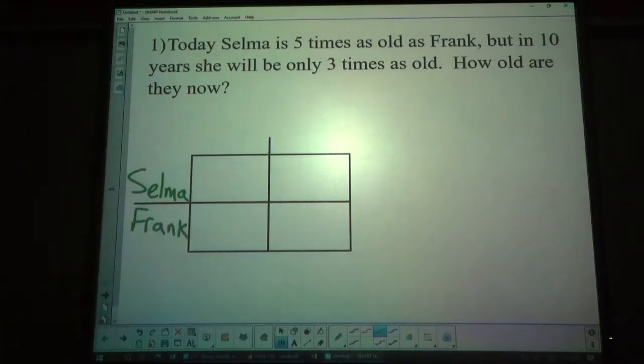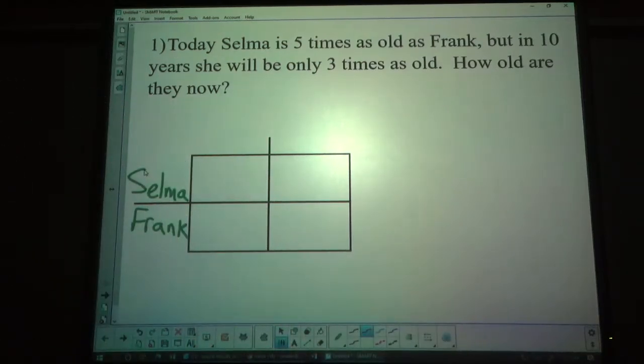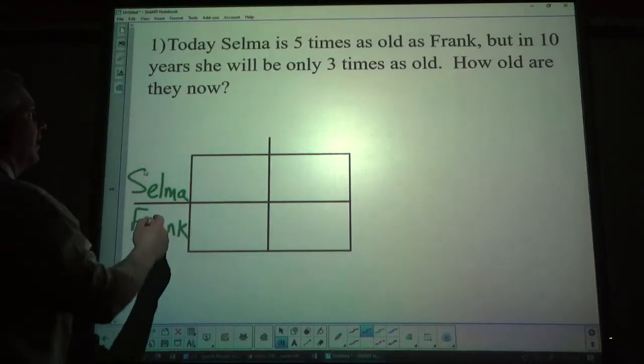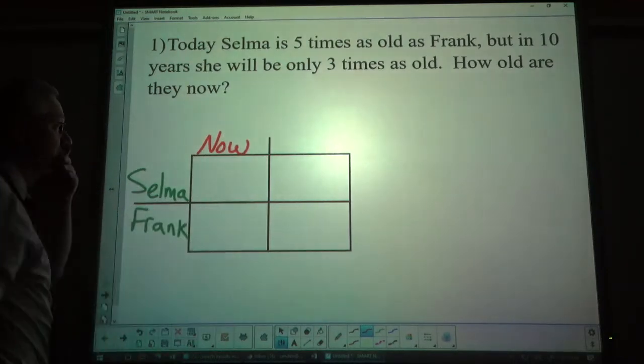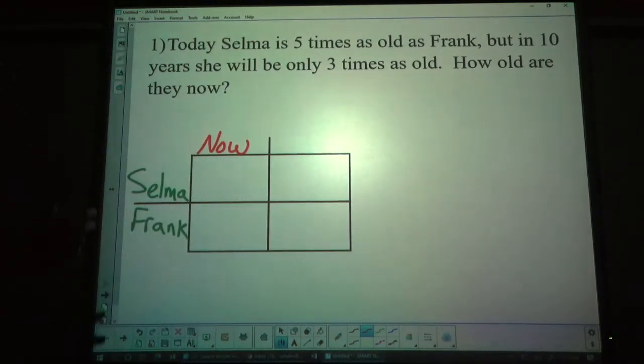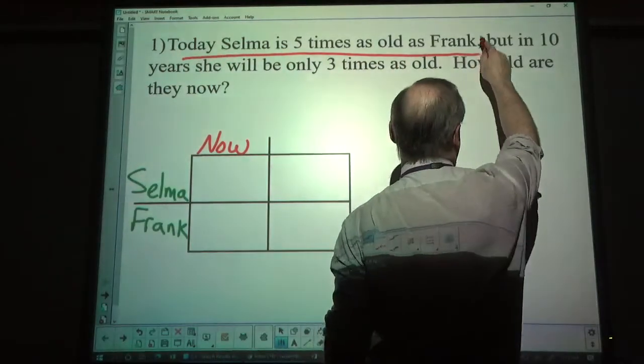Now the next thing that I'm going to do is when I read this, I actually do not want to read the entire thing when I'm trying to figure out what to put in the table. The first column is today or now, and that is going to be today Selma is 5 times as old as Frank.